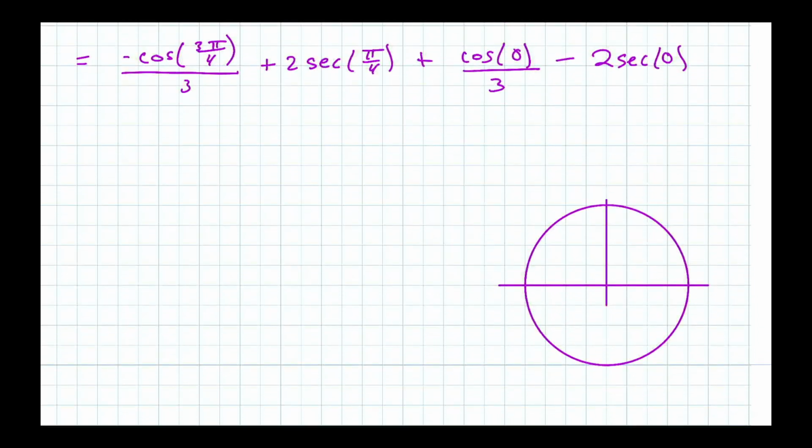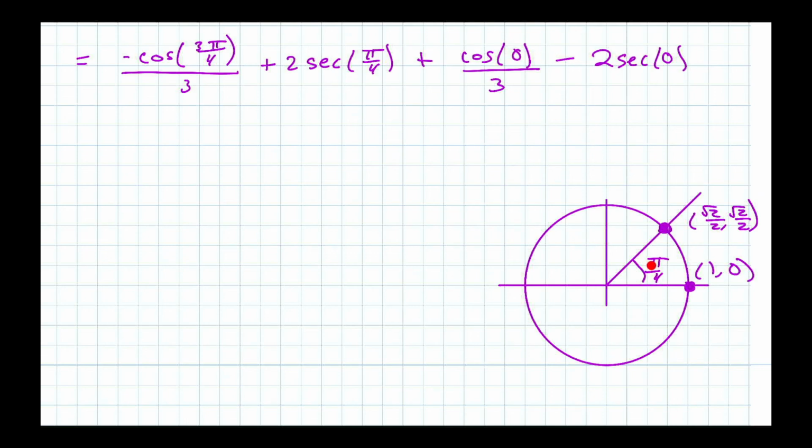All I need off here is a couple of points, right? That's pi over 4. We're going to need that one. Coordinates here are root 2 over 2, root 2 over 2. Of course, I need this one, 0 degrees, 0 radians, which is 1, 0. So I've got the 0 for these.